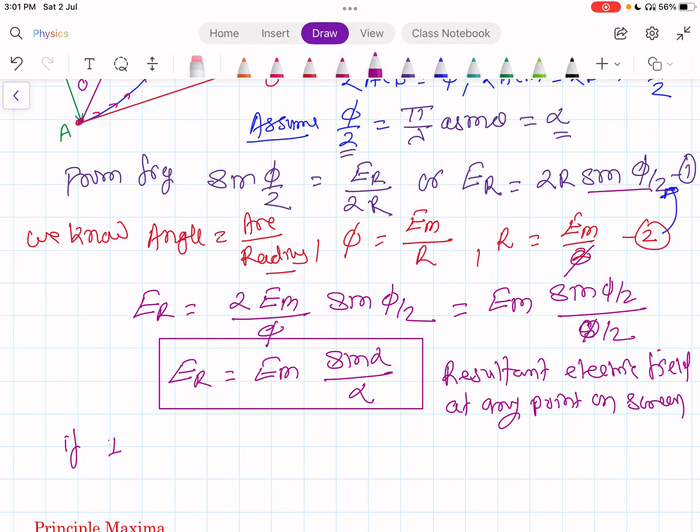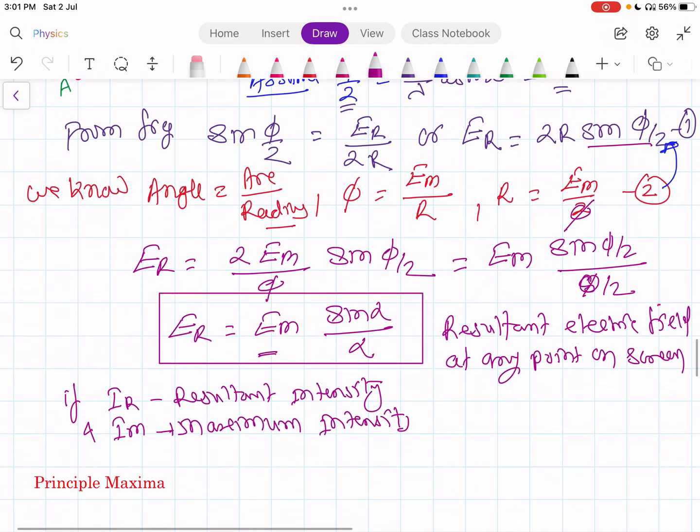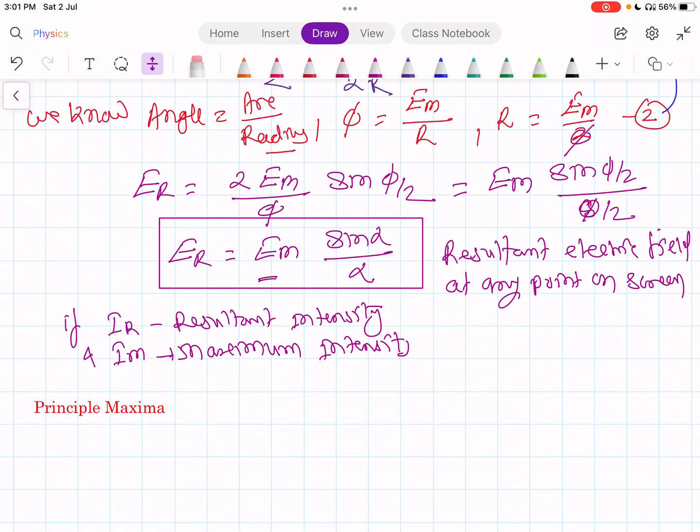So if IR is the resultant intensity and IM is the maximum intensity, then from this equation we can write the resultant intensity IR is equal to Im sine square alpha upon alpha square.